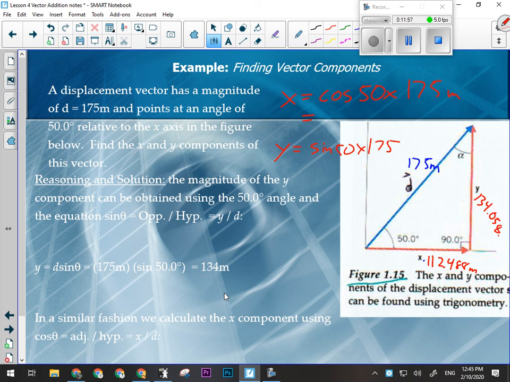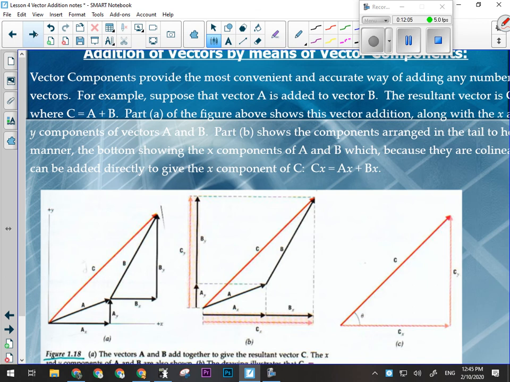Now we have to be able to take this and apply it to many vectors added together. The two vectors being added in this question are this one, A, and this one, B. They're drawn tail to head.